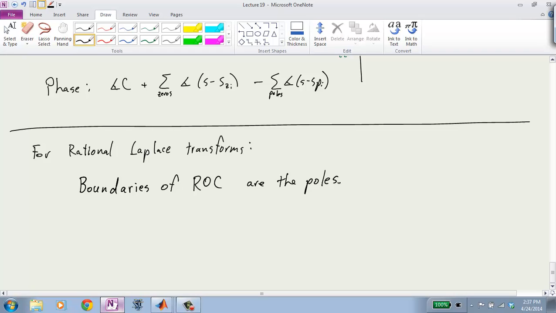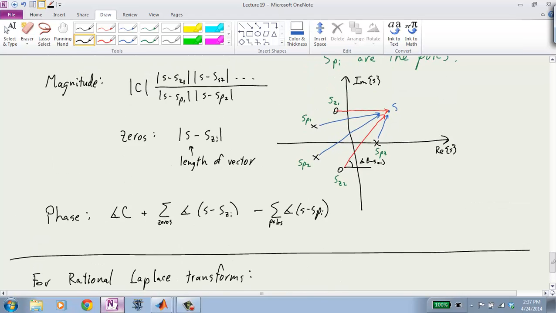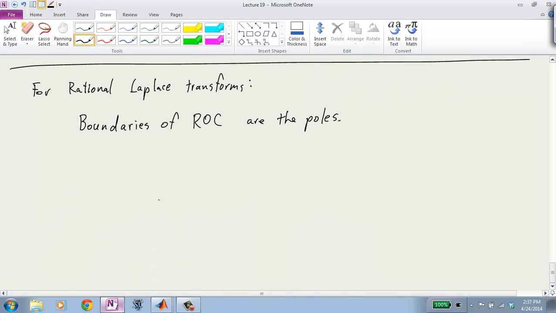Okay, so what that means is if we take my picture right up here, I'm going to redraw it because there's too many colors up there. So here's the S-plane. If we have some poles and zeros, I'll draw some new ones. Zero, zero, pole, pole. You'll notice I always draw these in pairs. That's for real systems, they always come in pairs, or they come on the real axis.